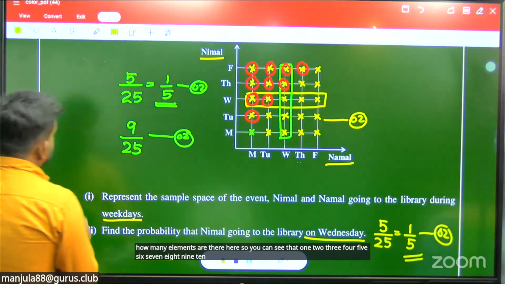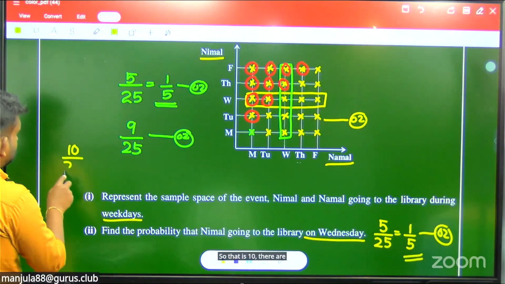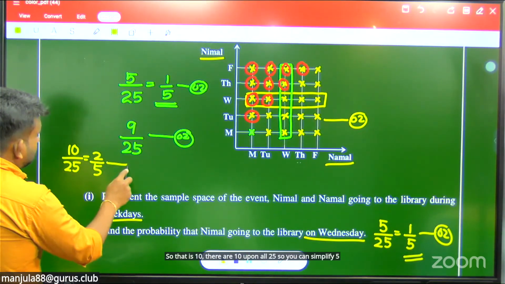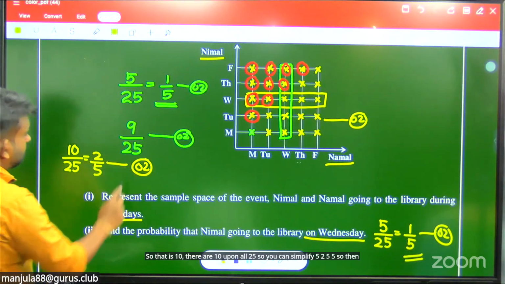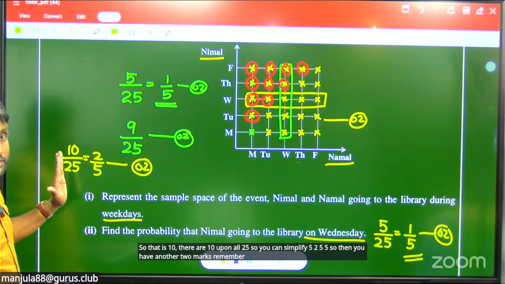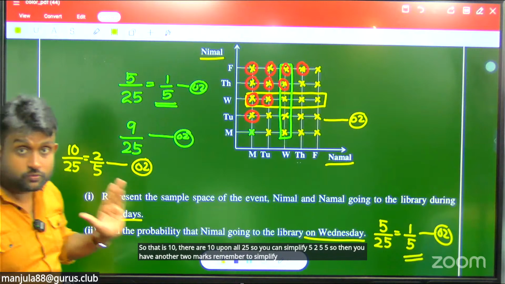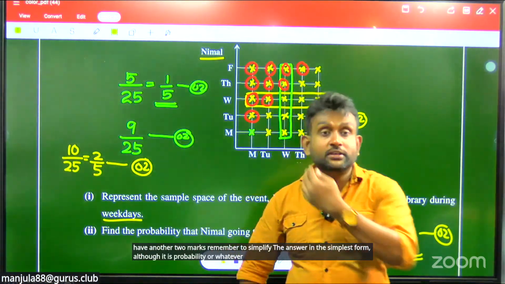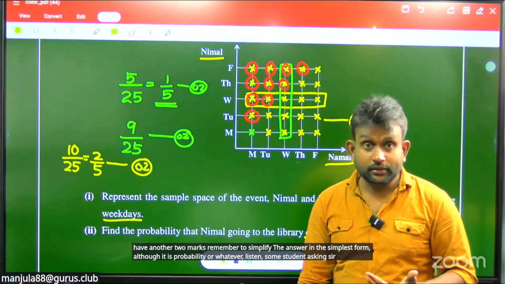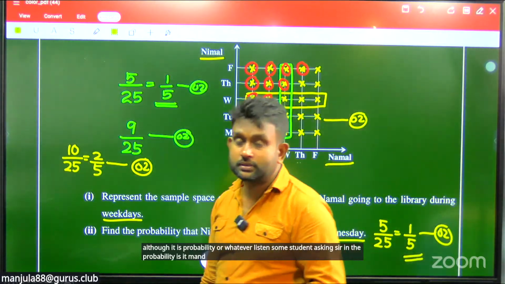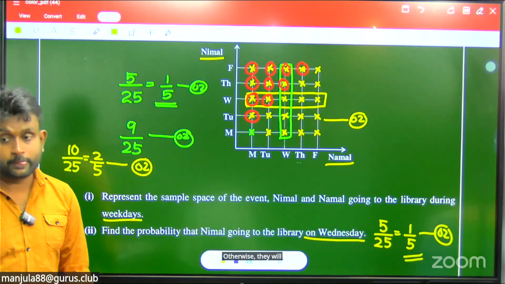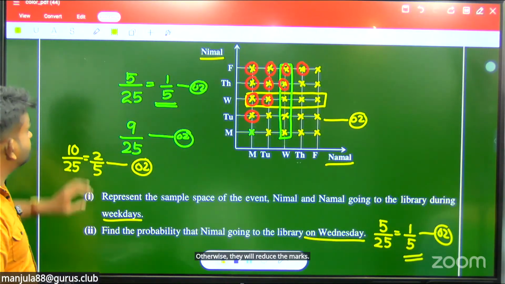So that is 10 upon all 25. You can simplify by 5 to get 2 upon 5. So then you have another 2 marks. Remember to simplify the answer to the simplest form, even though it is probability. Some students ask, sir, in probability is it mandatory to simplify? Yes, otherwise they will reduce the marks. So that is 2 marks.